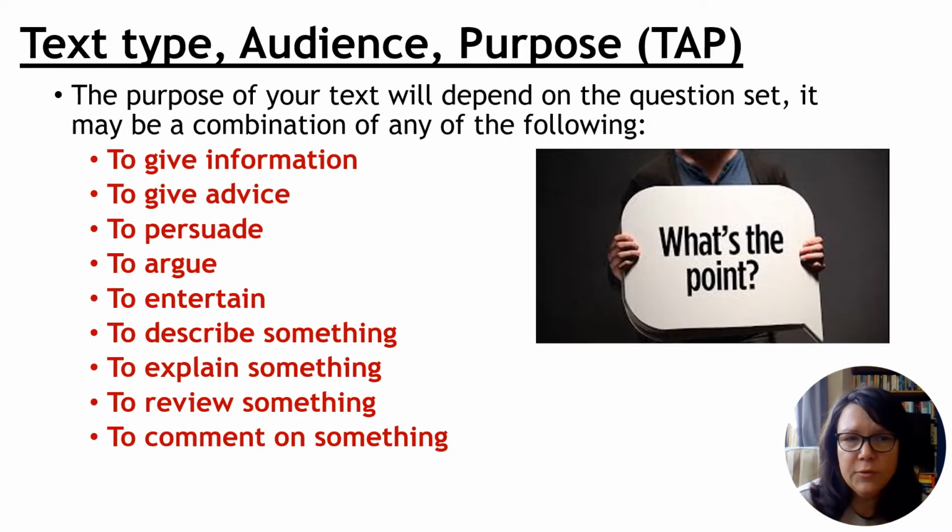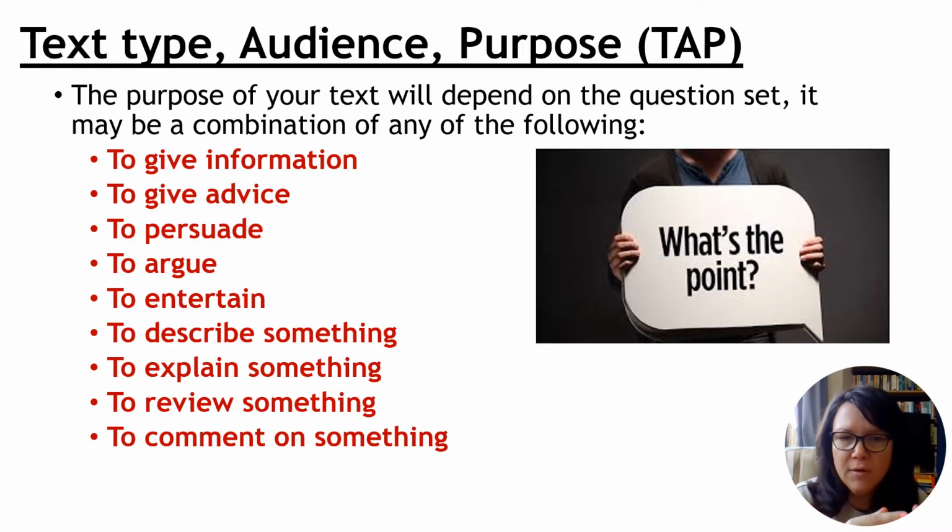Then the purpose of your text, and this will be implicit in the prompt that you're given, and sometimes it will be a combination of any of these. The text that you are writing will require you to give information, to describe or explain something. Sometimes you might also want to give advice or to persuade. The text might be designed to have an entertainment element where you are maybe talking to your peers about how to survive their GCSEs.